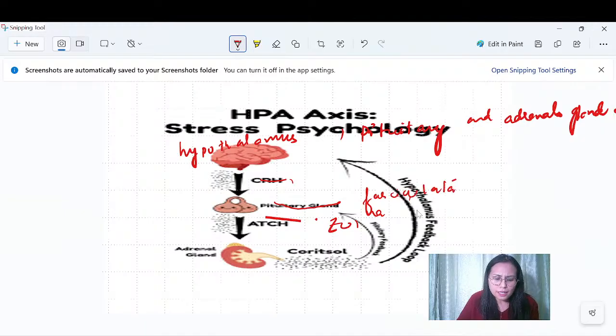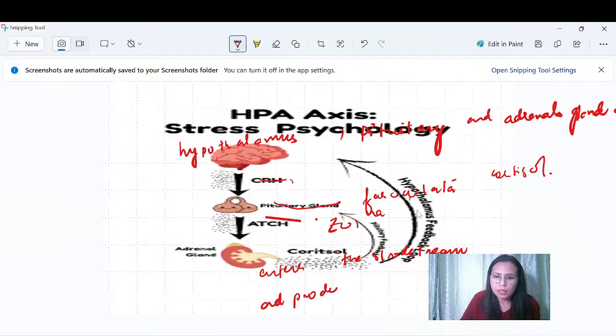ACTH, adrenocorticotropic hormone, reaches the adrenal cortex and instructs it to release cortisol. Once released, cortisol enters the bloodstream and produces its effect by increasing blood sugar.